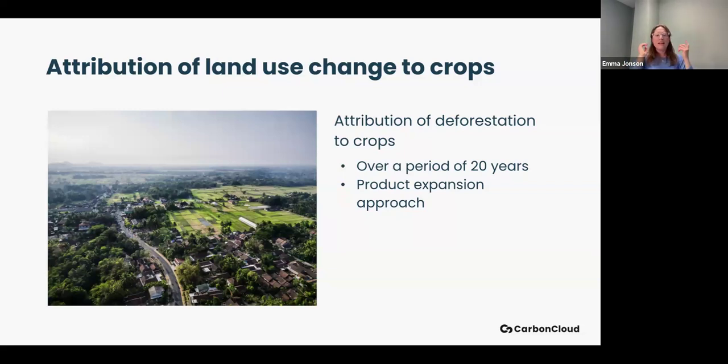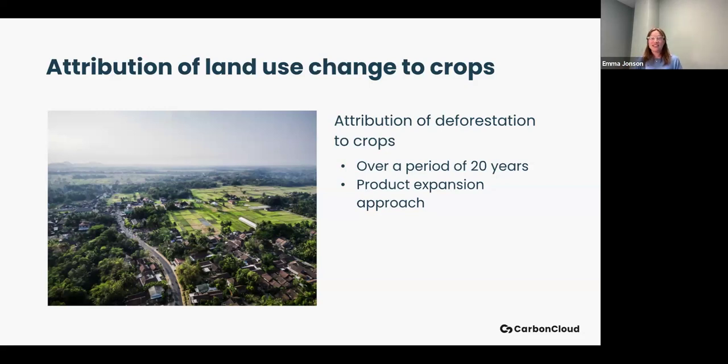So you may have knowledge of what deforestation has happened over the last 20 years. You probably also have knowledge of what crops were produced in that country over the same period of years. But how do you attribute the deforestation to the different crops that were produced?